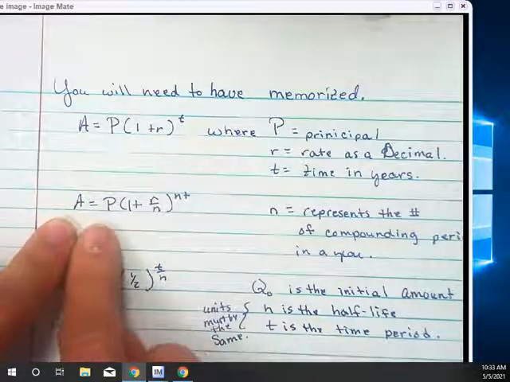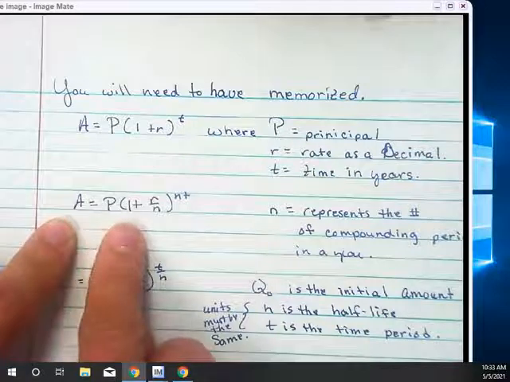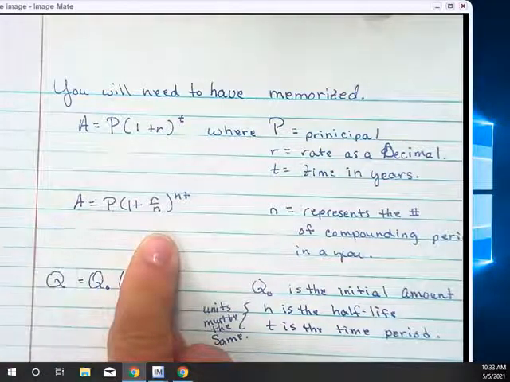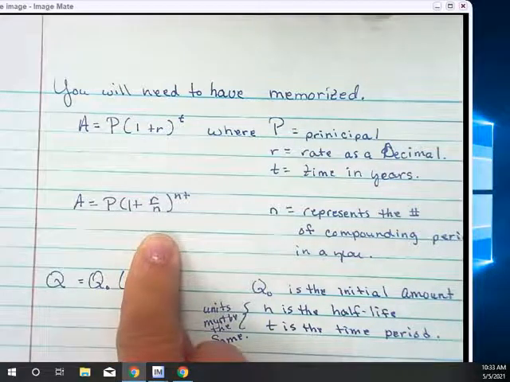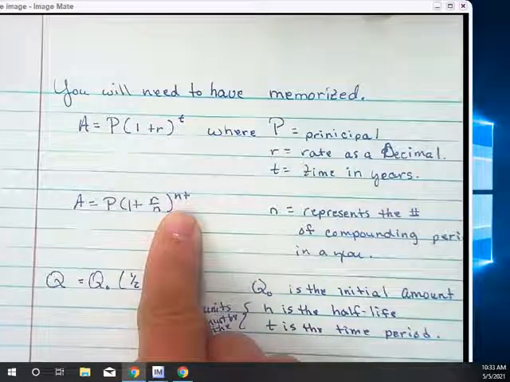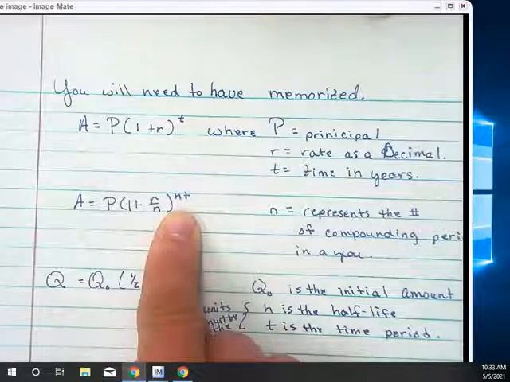Your accumulated is equal to the principal times 1 plus the rate divided by how many times in a year it's going to be compounded, raised to that number times the number of years. So if you're doing it monthly, the N would be 12. If you're doing it semi-annually, then it would be 2. Semi meaning 2. Okay, does that make sense?